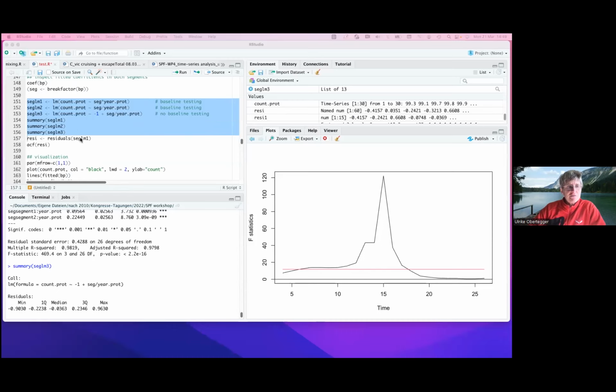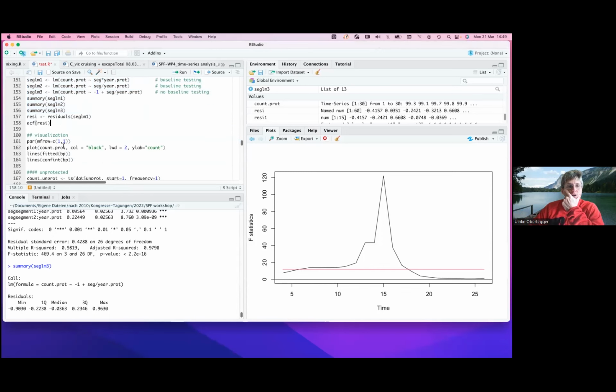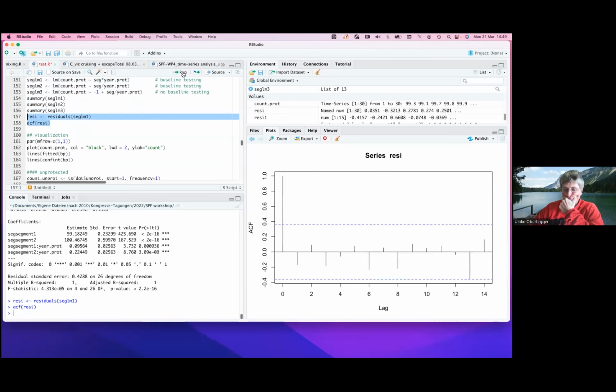Okay, now let's again have a look at my residuals. The residuals do not show any sign of a pattern, and these are residuals that are consecutive. This is fine, this is perfect, because here we only have one line actually.